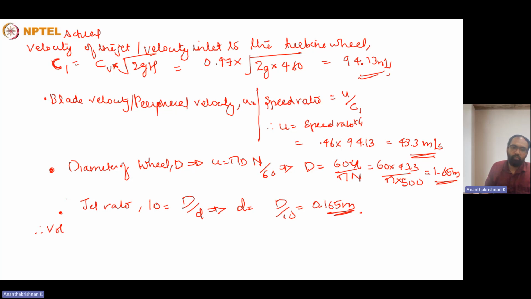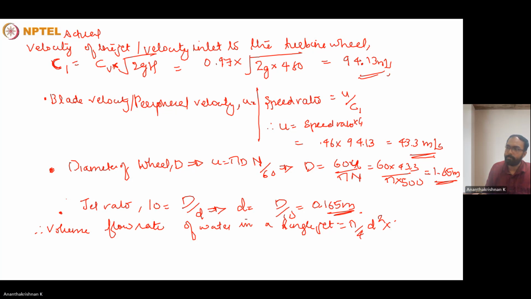Therefore, the volume flow rate of water in a single jet is given by pi by 4 into d squared into the velocity. So that is becoming around 2.02 meter cube per second.